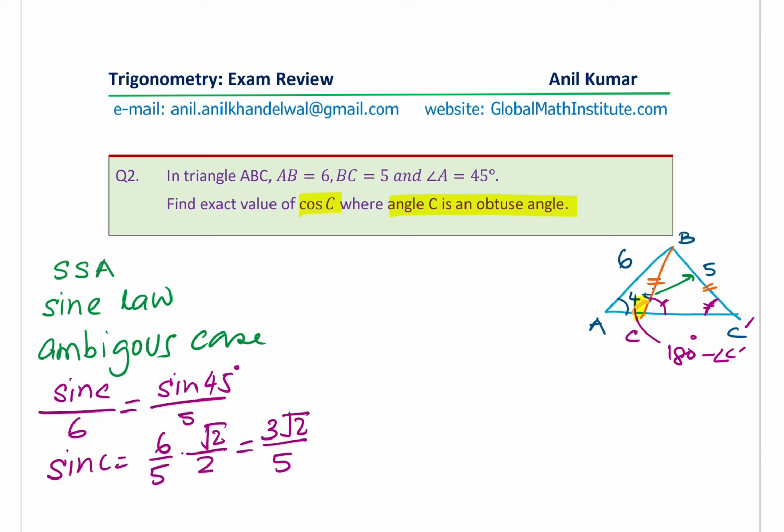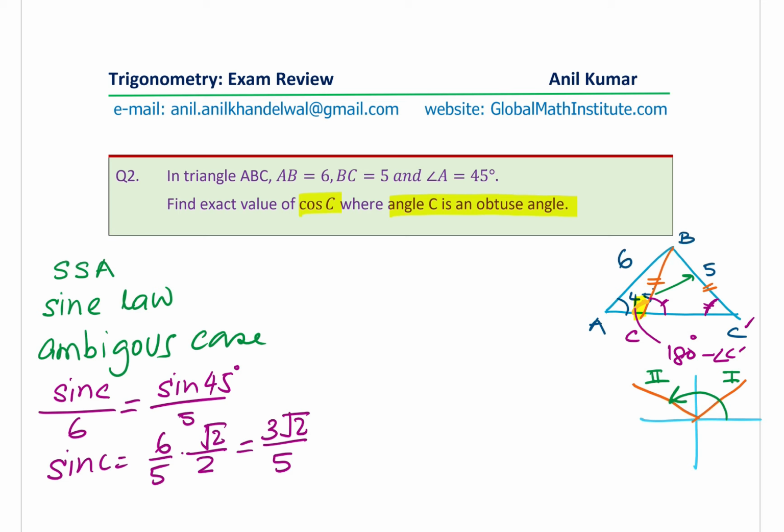Now clearly the value of sine is positive in both quadrants, quadrant 1 and also in quadrant 2. So that means that we have an angle here and also on this side. So we are looking for an obtuse angle. Clearly that becomes the angle of our interest.